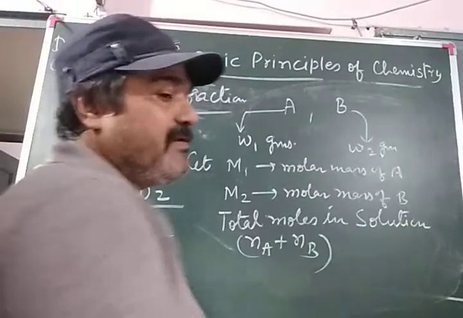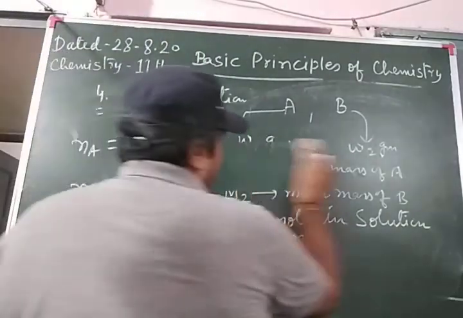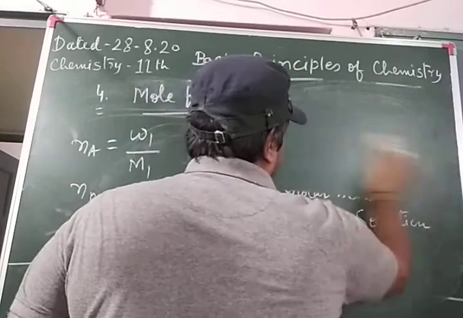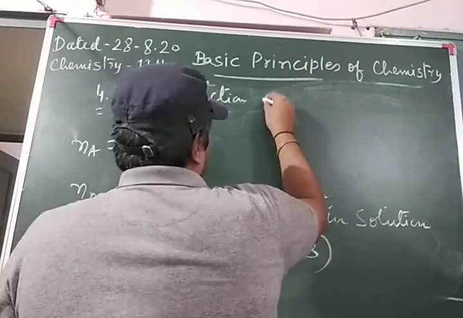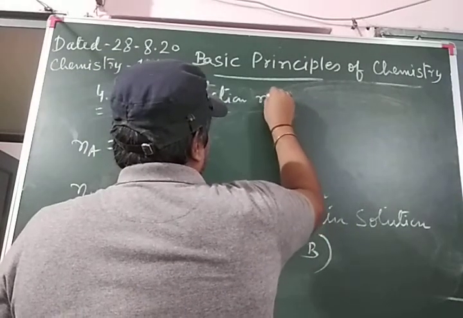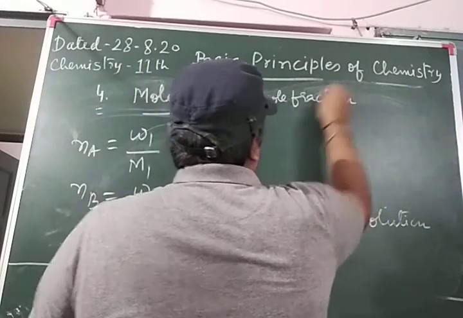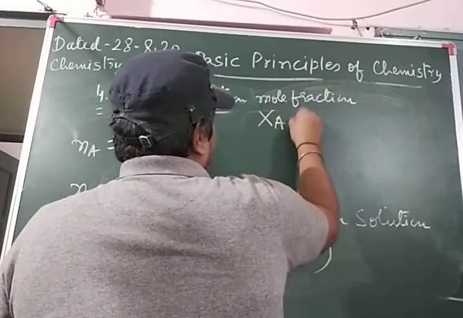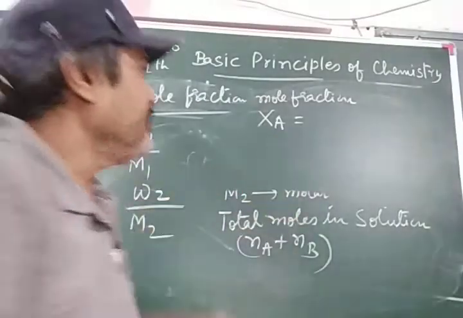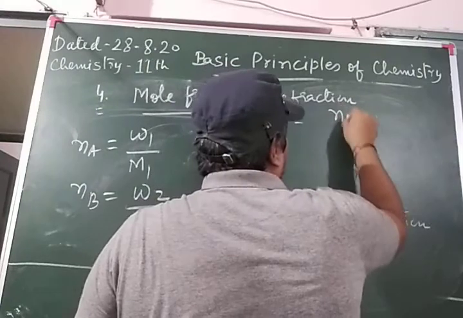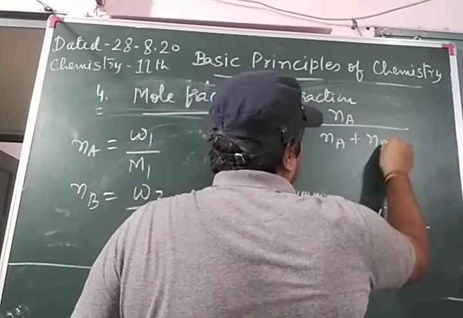So very simple. यहां से थोड़ा सा रब कर देता हूं इसको. So the mole fraction is denoted by XA, meaning mole fraction of A. This is equal to number of moles of A divided by the total number of moles in the solution.